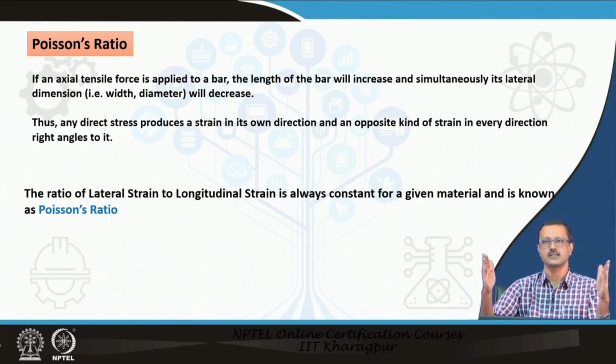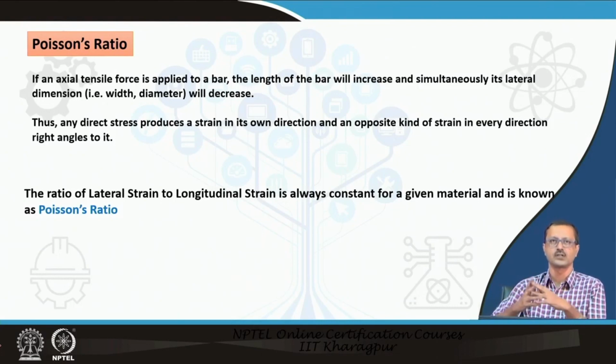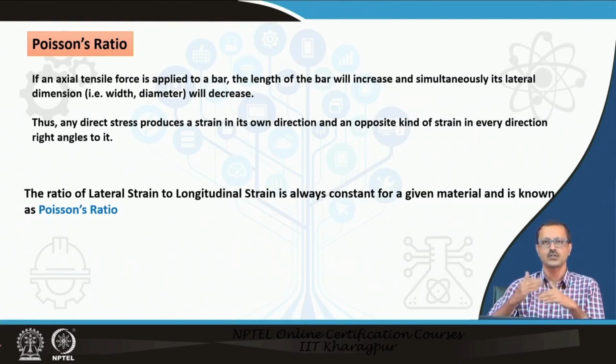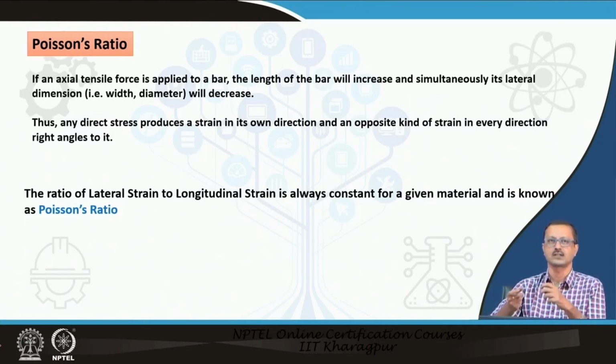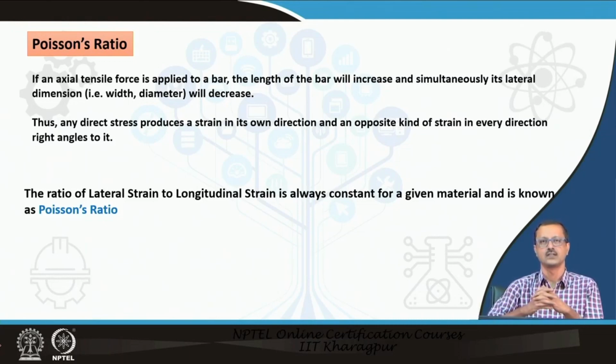In the compressive case, if you put a compressive load, the final length will be shortened from the original length, and at the same time the diameter or the width will be increased. So these two mutually perpendicular axes will behave with different types of strain, an increase or a decrease in the original length.